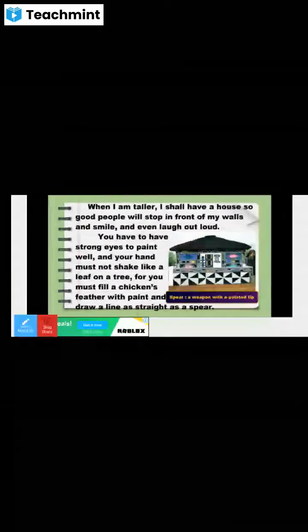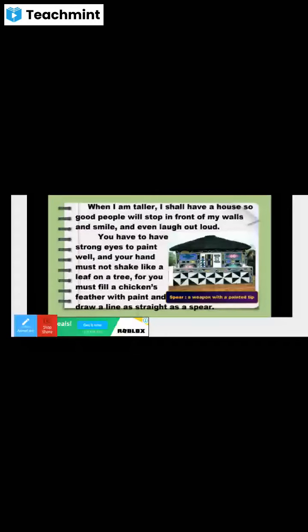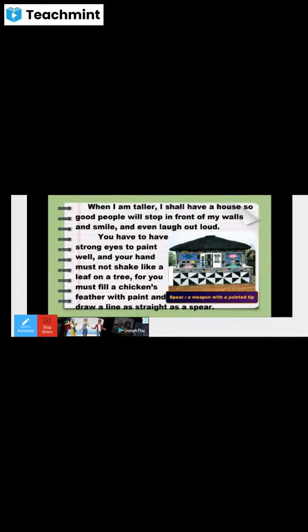I will build a beautiful house in my village. If you build a beautiful house, many people stand there and look at that house. It's a very nice, most beautiful house. They were stunned. Wow, what a beautiful house this is.